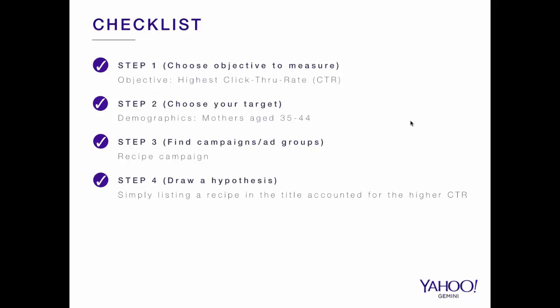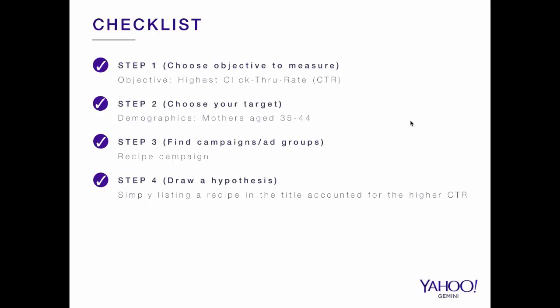And then step 4, we drew a hypothesis, and our hypothesis was simply that listing a recipe in the title accounted for the higher CTR. And again, I think this is a particularly good example because, as a writer, it's counterintuitive to me. So if the test results come through, I'll feel like I really learned something, which is what this is all about.